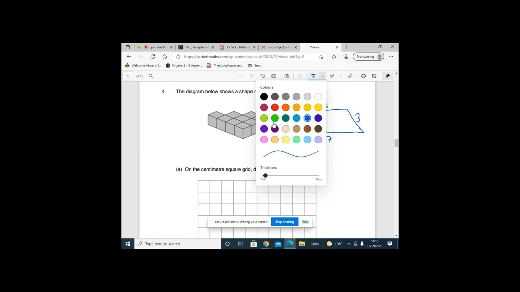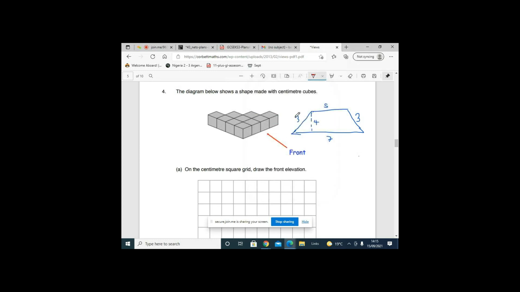You will ignore the other values, you only need these. You add this and this together, then multiply what you get by 4. That's all.